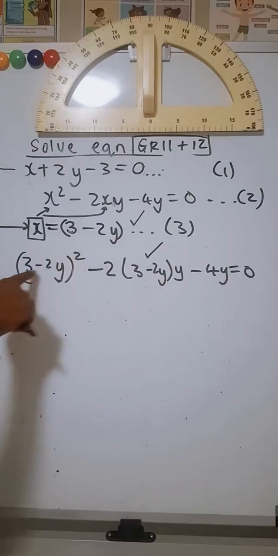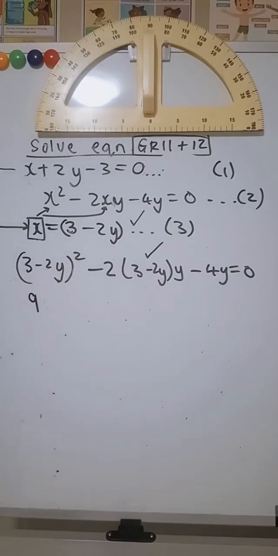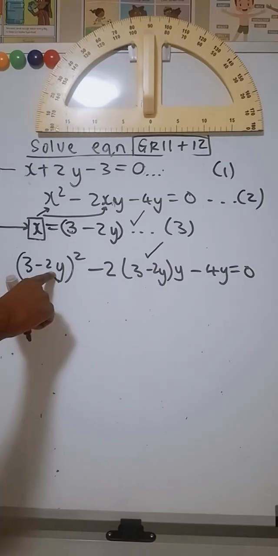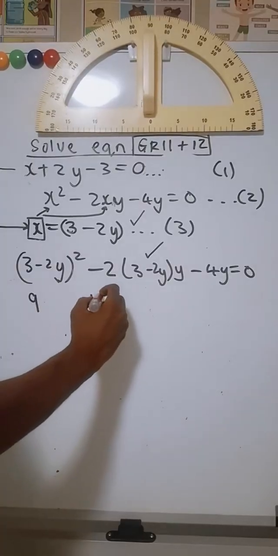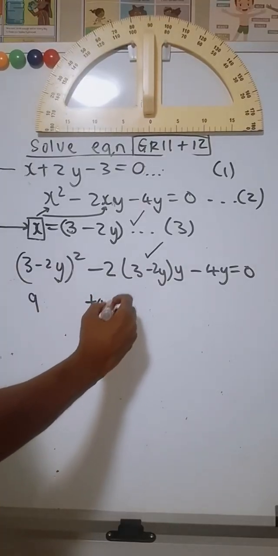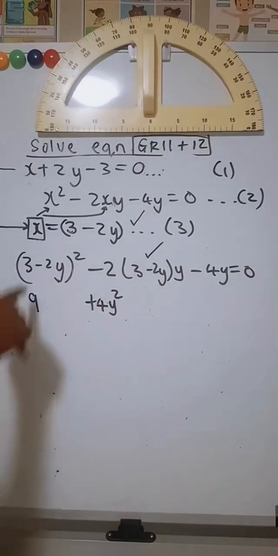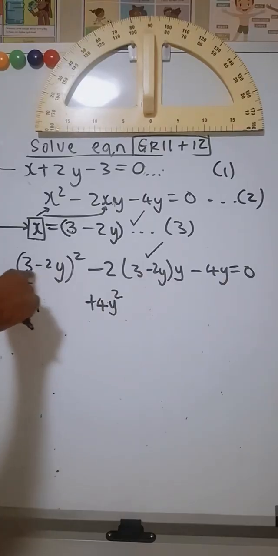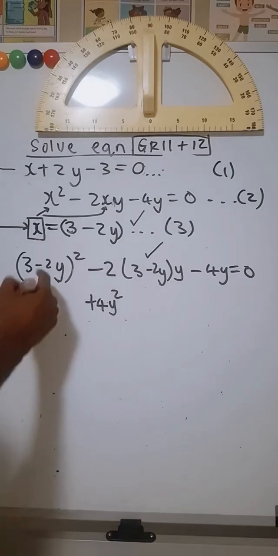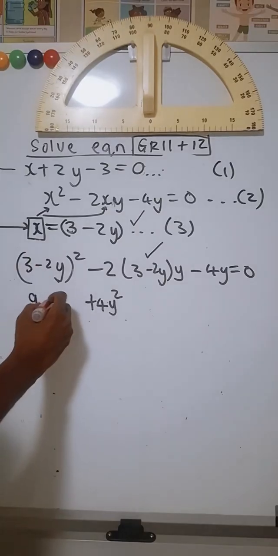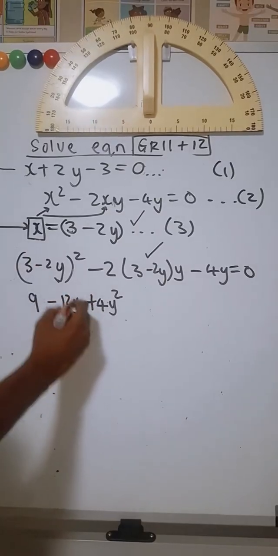what we do is we square the first term, you get 9. You square the last term, which is negative 2y, you get positive 4y squared. You multiply these two together. 3 times negative 2y gives you negative 6y. Then you double it. So that negative 6y becomes negative 12y.